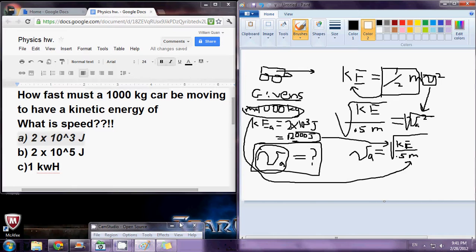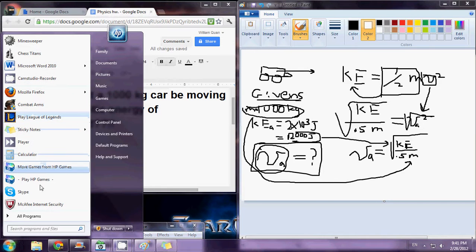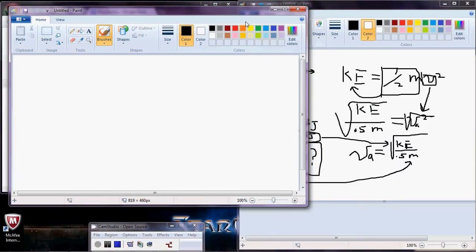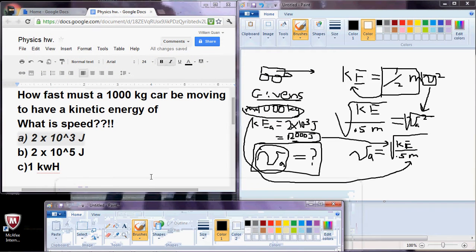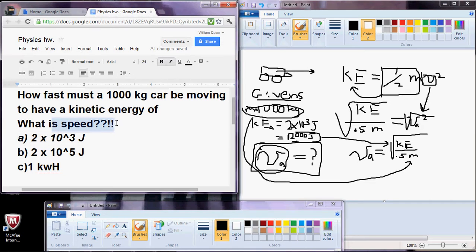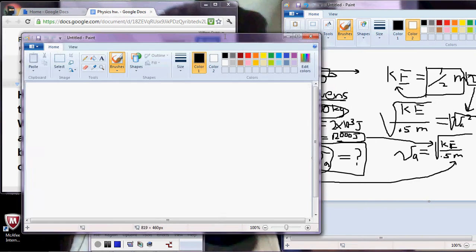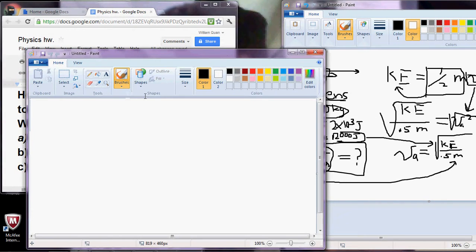I'm going to get a new paint, resize it. We're still looking at part A, and still looking for the speed of part A. This is getting a little choppy, so I'm going to rewrite everything.